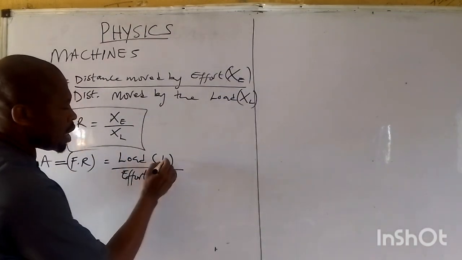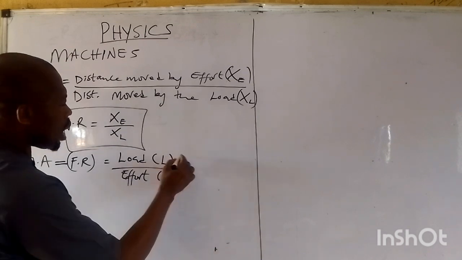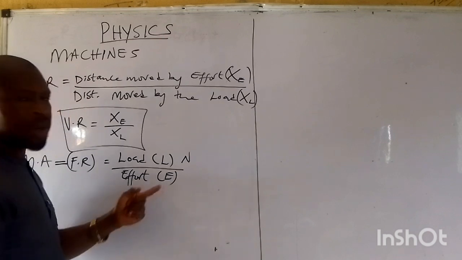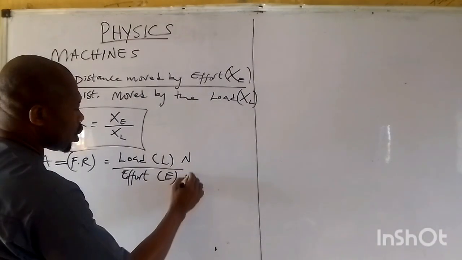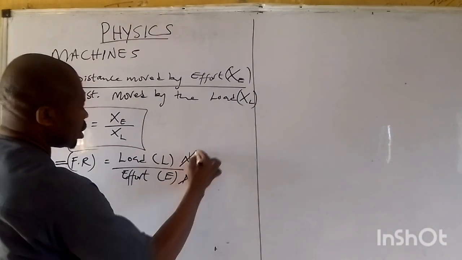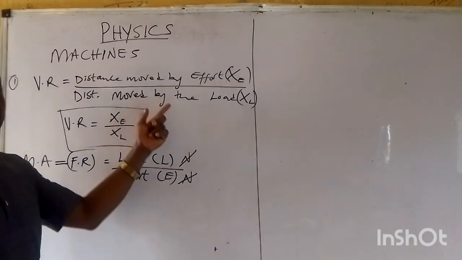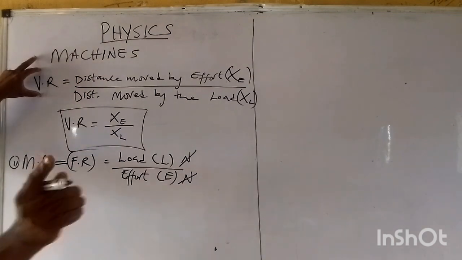Now, remember that the load is measured in newtons, while the effort is measured in newtons. Because of that, newton can cancel out newton. The same thing with velocity ratio.